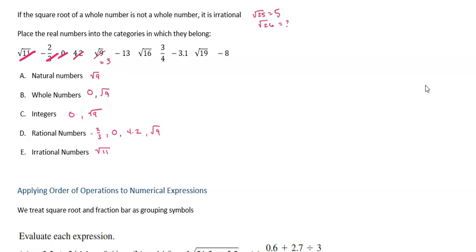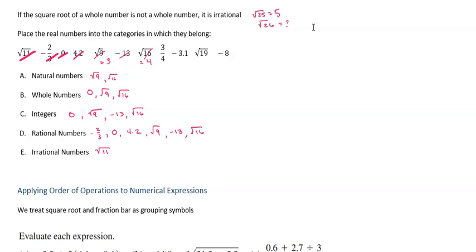Negative 13 is not a natural number or a whole number because those don't include negatives, but it is an integer. So this is negative 13 right here in the integers, and then that means it's also a rational number. All right, the next one is square root of 16, and remember square root of 16 is just 4, which means it is a natural number, it is a whole number, it is an integer, and it is also rational.